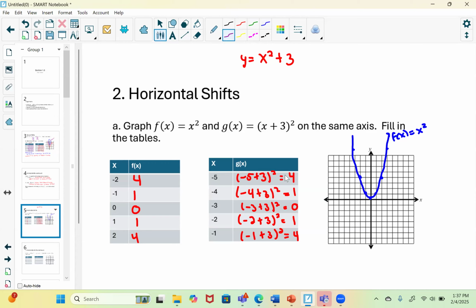Then I'm going to graph g of x. So I'm going to plot these points to graph it. So I have -5, 4, -4, 1, -3, 0, -2, 1, and so on.